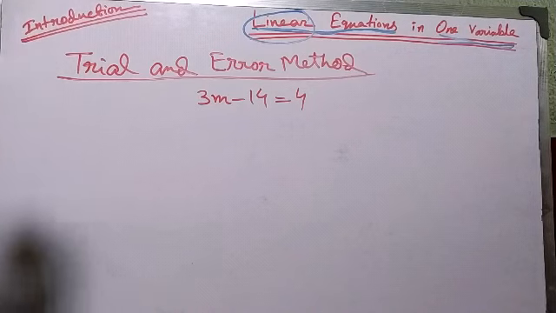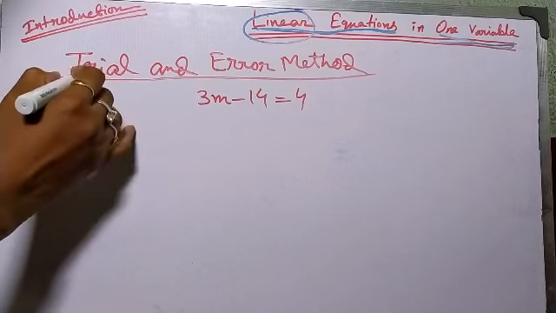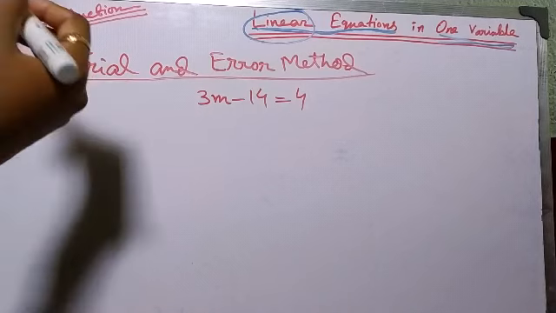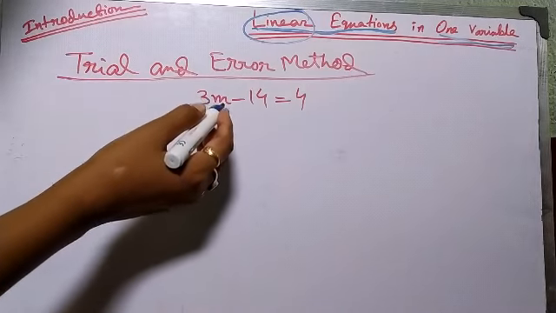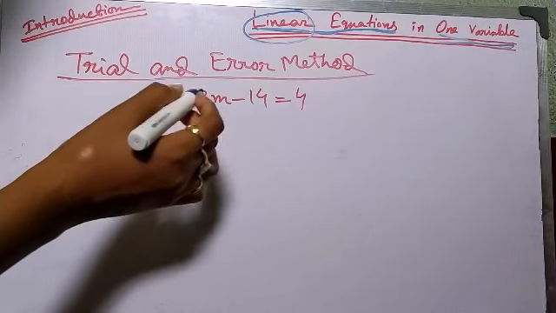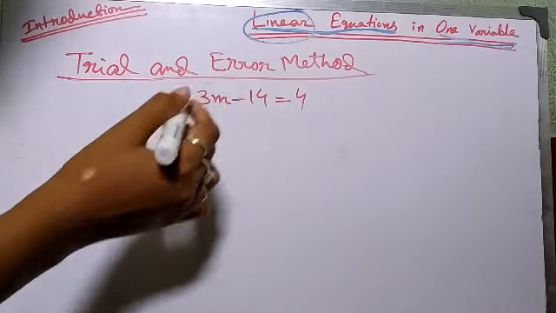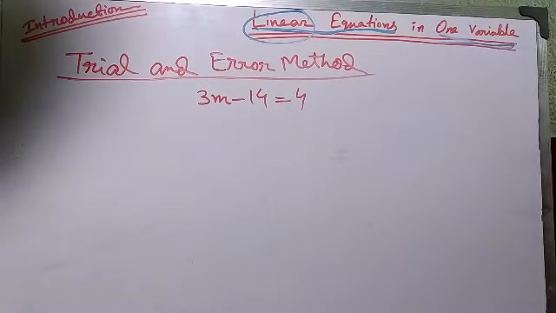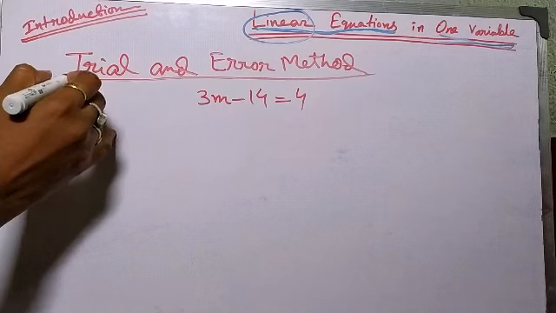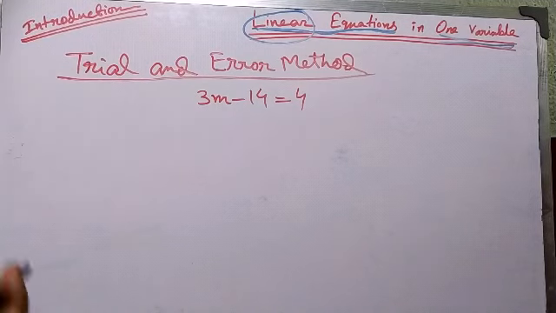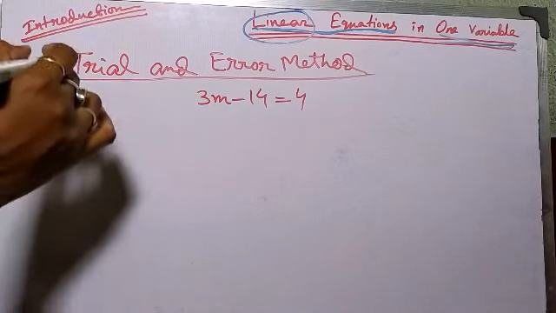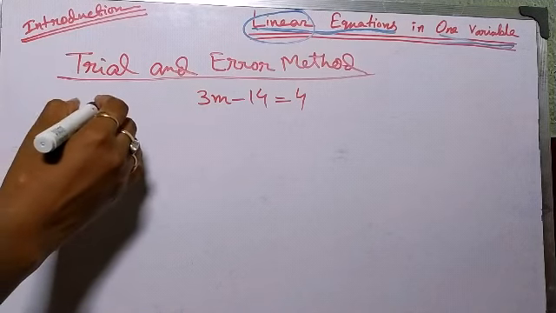So now we will see the method. Trial means we have to try. That means we have to put various values of m here in this LHS part. Then we have to check the answers. So that's why this name is trial. We have to try by putting various values of m.